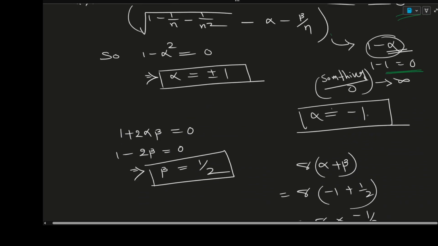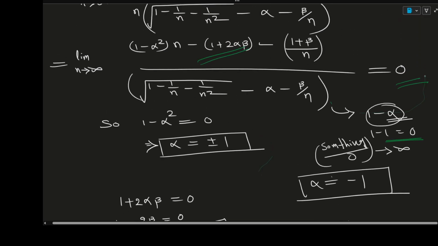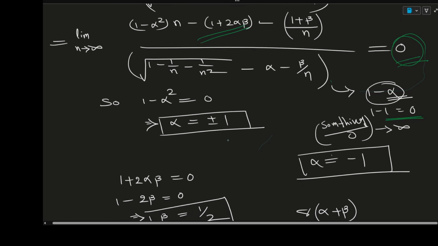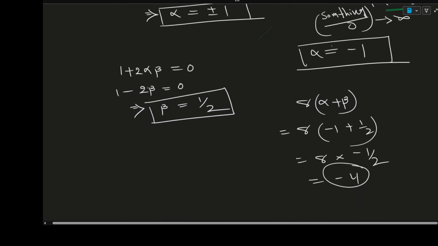Then from here it is clear that the value of alpha will be -1, and this expression has to be 0 for the limit to be 0. So from here I get the value of beta as 1 by 2. So if I put it here, then I will get -4 as the answer.